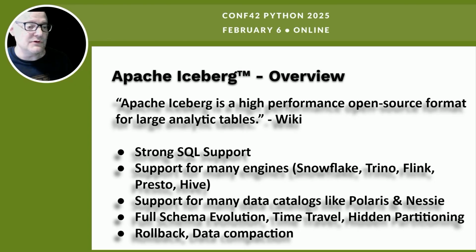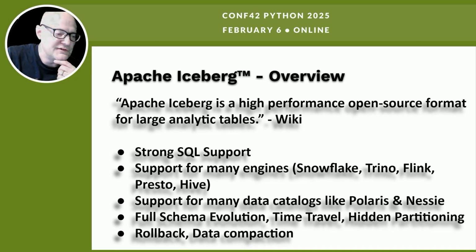What's nice is Iceberg supports lots of different data catalogs, and the API for that is very open. The two big ones are Polaris, which is the shiny new open source one. It's got interesting features there, and then Nessie, which has been around for a while, has an awesome logo and gets some cool Git stuff.